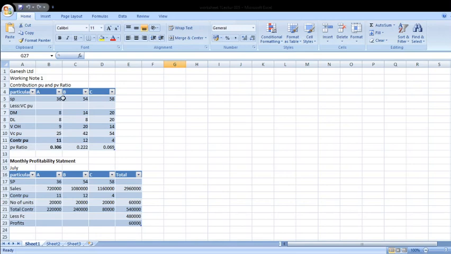Selling price is 36, variable cost is 25. So contribution per unit is 11.